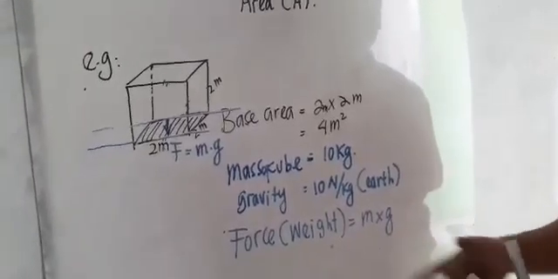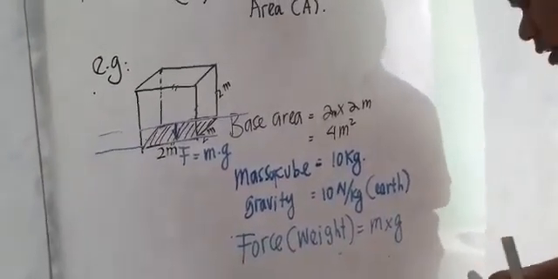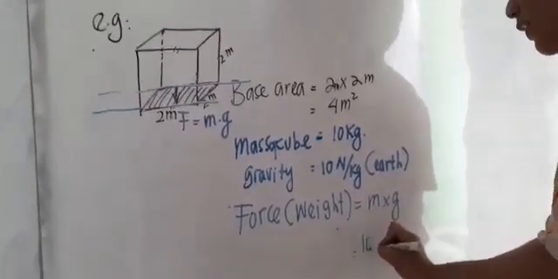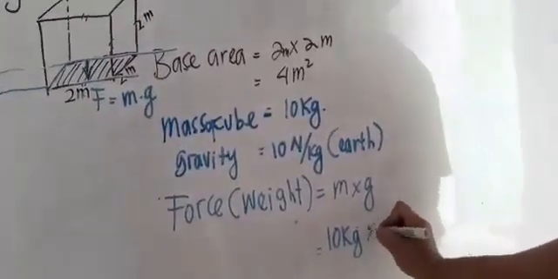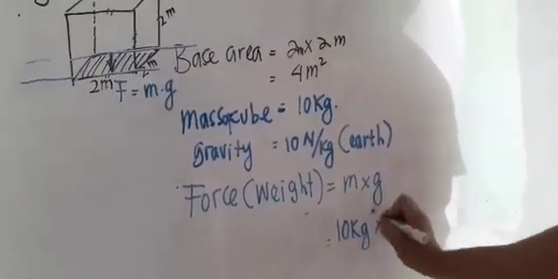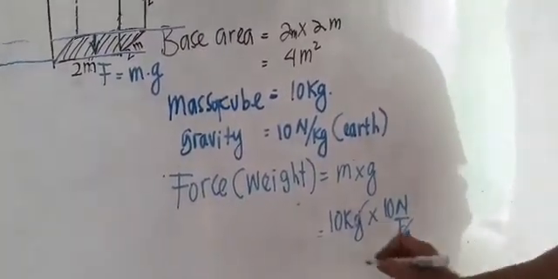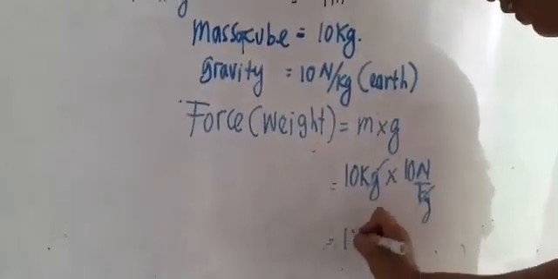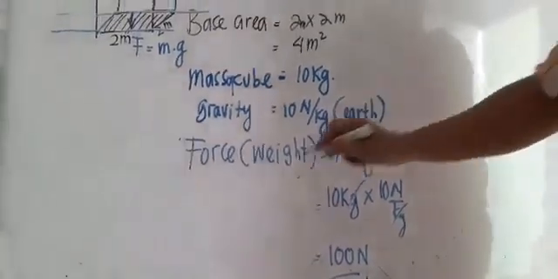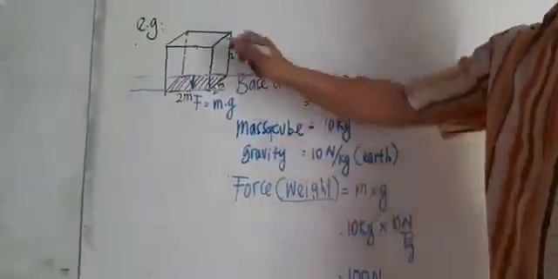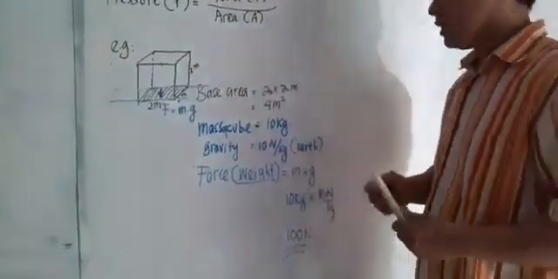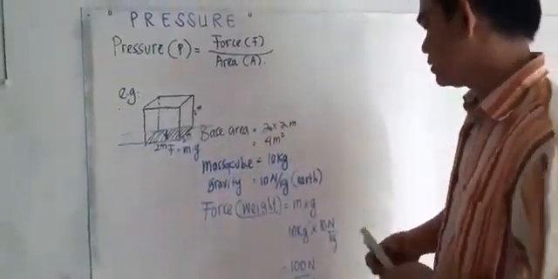M is mass, G is gravity. Mass is 10 kilograms multiplied by 10 Newton per kilogram. The kilograms cancel, and 10 times 10 is 100 Newton. So the force, or the weight of the object exerted to the surface, is 100 Newton.